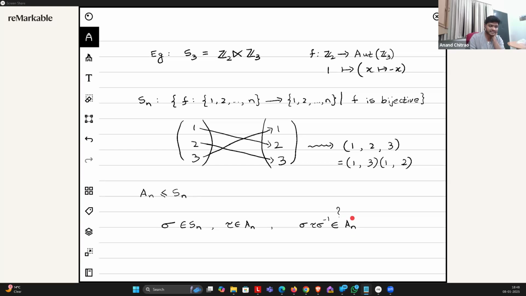This is a really interesting property of subgroups, interesting enough to warrant a name. And this implies normal subgroup. An is a normal subgroup of Sn, denoted by this.